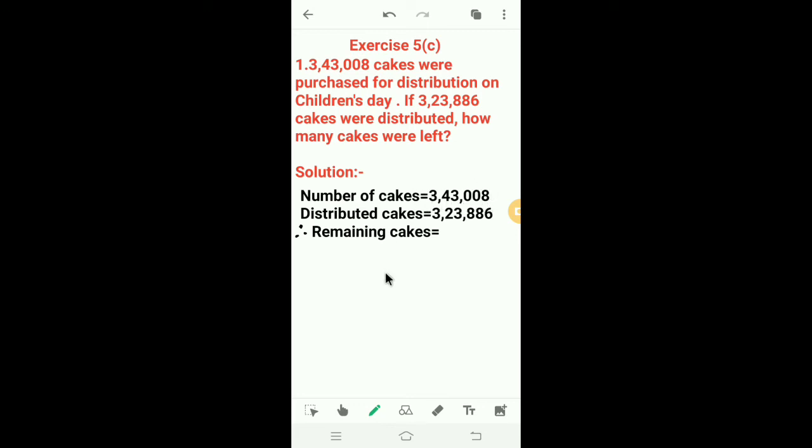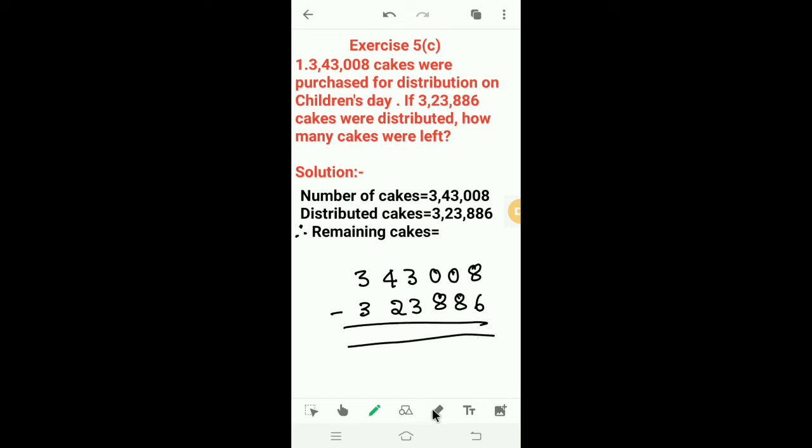So first I will take 3,43,008 minus 3,23,886. 8 minus 6 is how much? 8 minus 6 is 2.